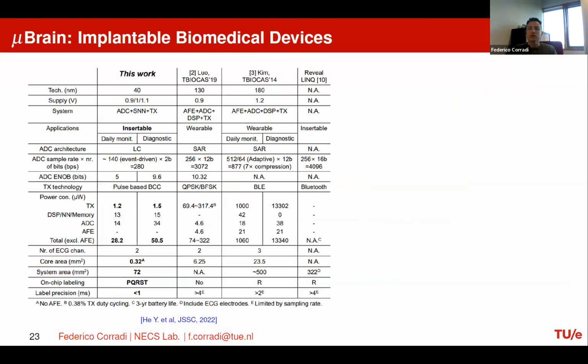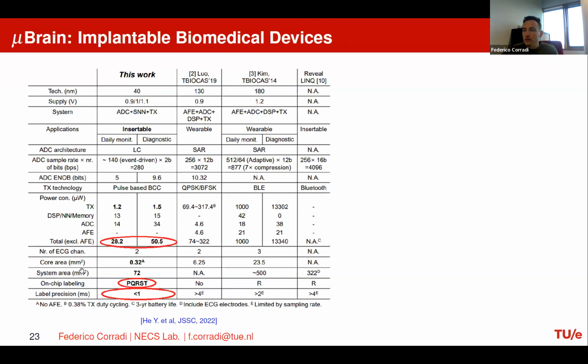And in fact, now this will answer the first question that was from Liao: how does it compare to having a digital system with a clock? For this specific case, if you look at the precision in milliseconds, it's faster. So we have less than 1 millisecond precision. Other systems have 4 milliseconds, 2 milliseconds.